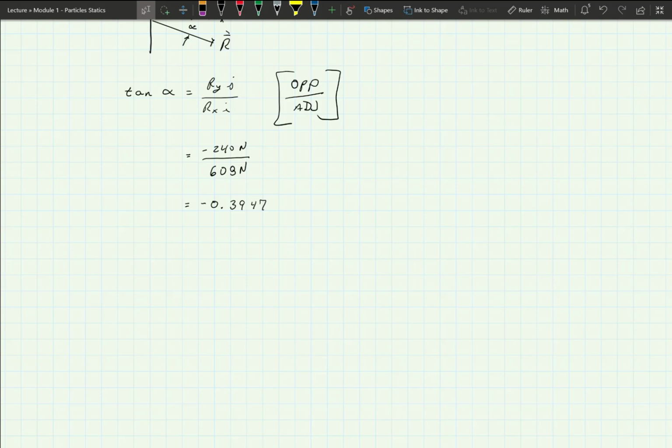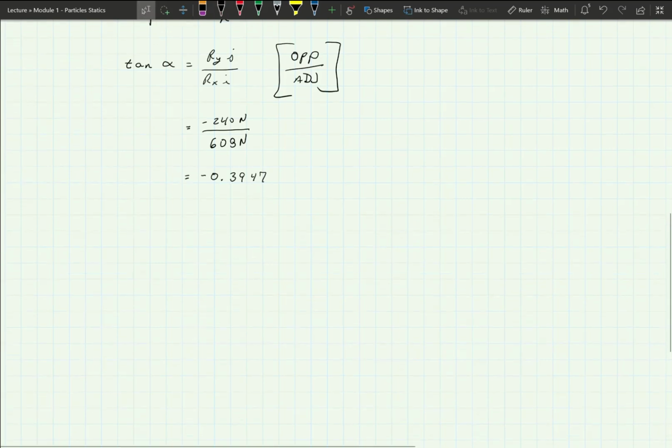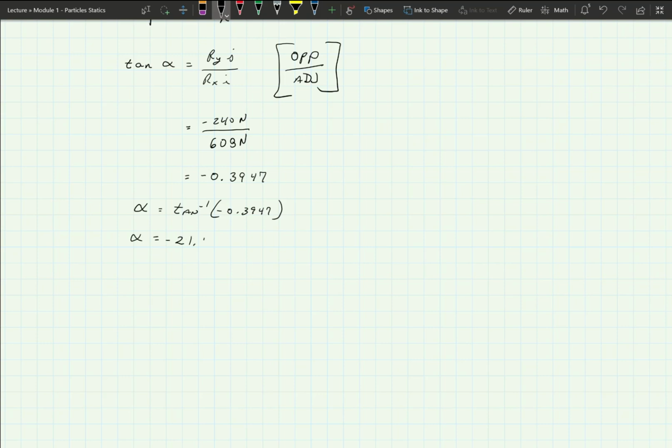There was a time I remember as a student where we actually had to go to trig tables to look up that number to find out what alpha was. Nowadays you really just have to do this. Alpha is equal to the arctangent of negative 0.3947, and you're going to find out that alpha is equal to negative 21.54 degrees.